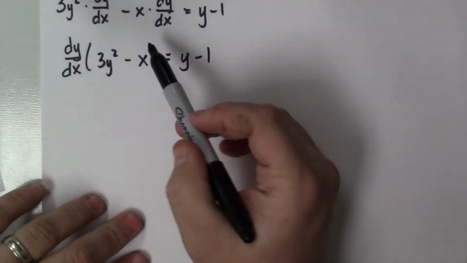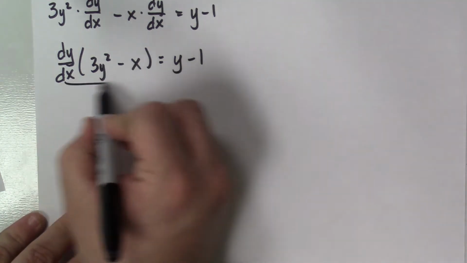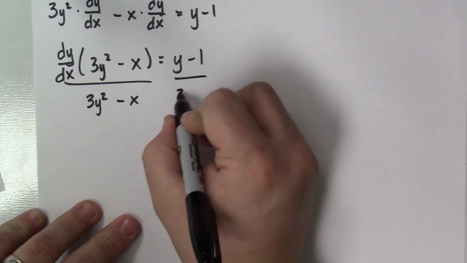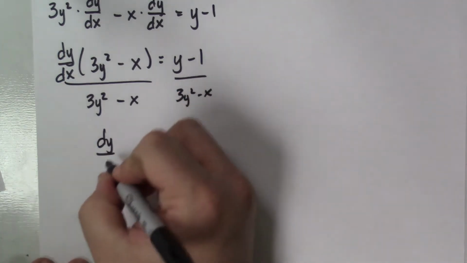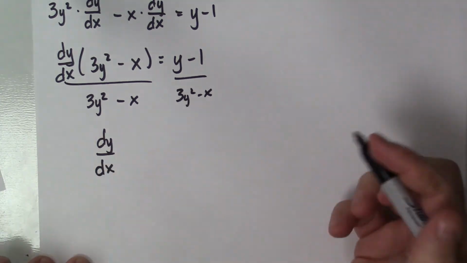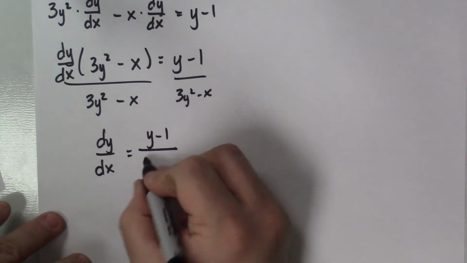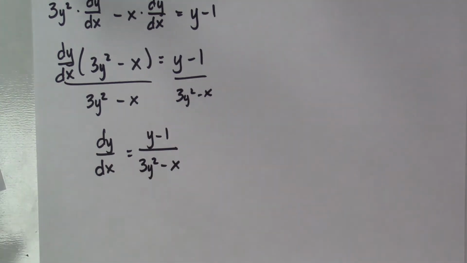This times this equals this, which means I can divide both sides by 3y squared minus x. And I have that the derivative of y with respect to x of this relationship is (y minus 1) over (3y squared minus x). That's that example.